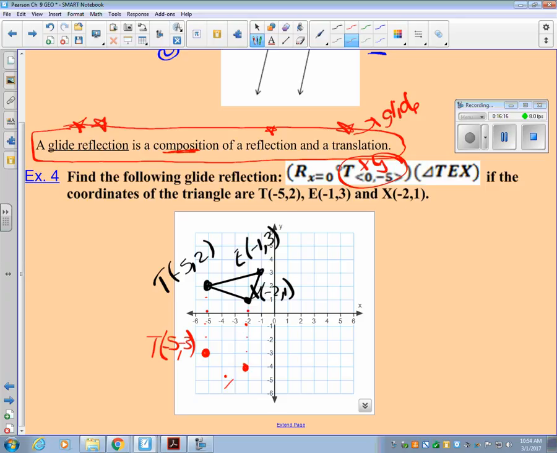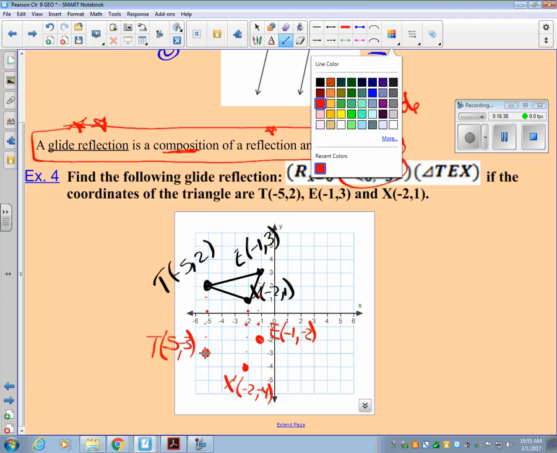Here's my X prime. It's -2, -4, and then my E becomes -1, -2. So we've just glided all the way down 5 units. Nice glide.